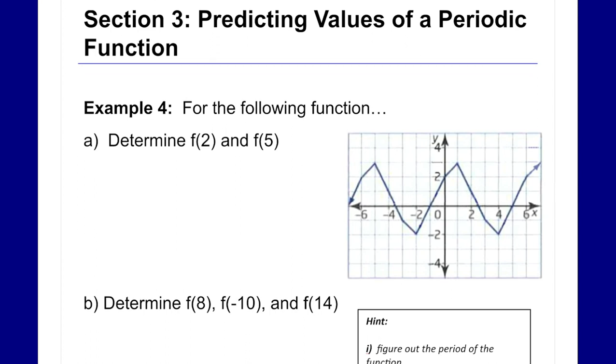So first one, f at 2, we go over to when x equals 2. Whatever the y value is, that's our function value. So f at 2 is equal to 1. And then f at 5, when x is 5, is 0.